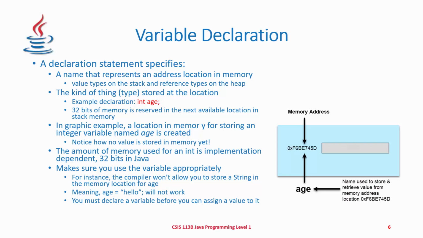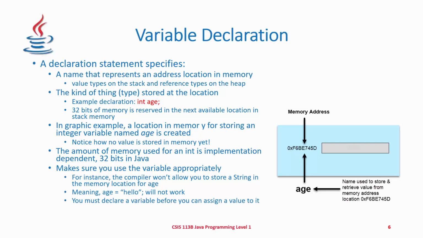So with declaration, all we're doing is assigning a name that gets linked to a memory address. In this case, because it's an integer, that's the beginning of a 32-bit section being reserved in the stack. And the last set of bullet points talks about making sure that you use the variable appropriately.